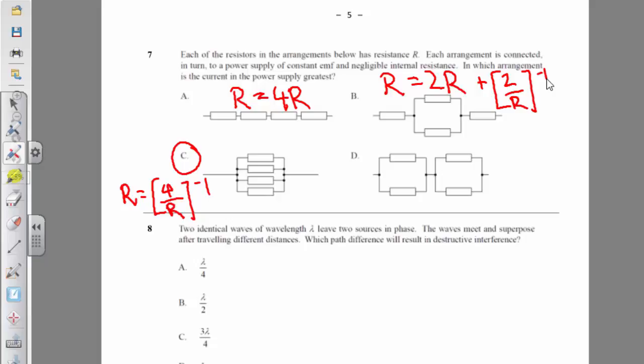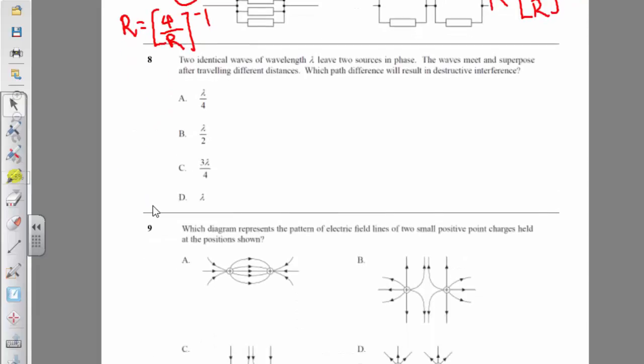Okay, so that's definitely bigger than the option that we chose. And in D, we have R is equal to, we got two parallel bits, so we got 2 over R times 2, basically. And so option C will give the smallest possible resistance and therefore the greatest possible current.